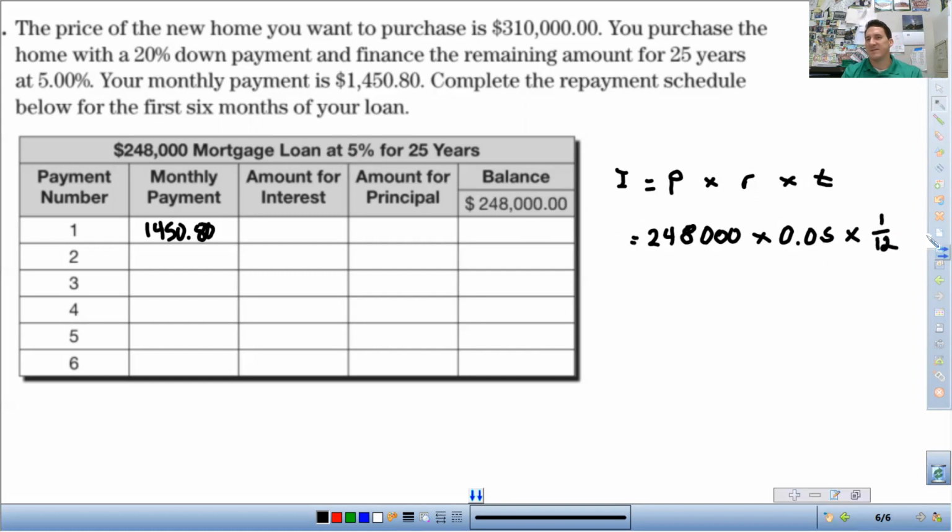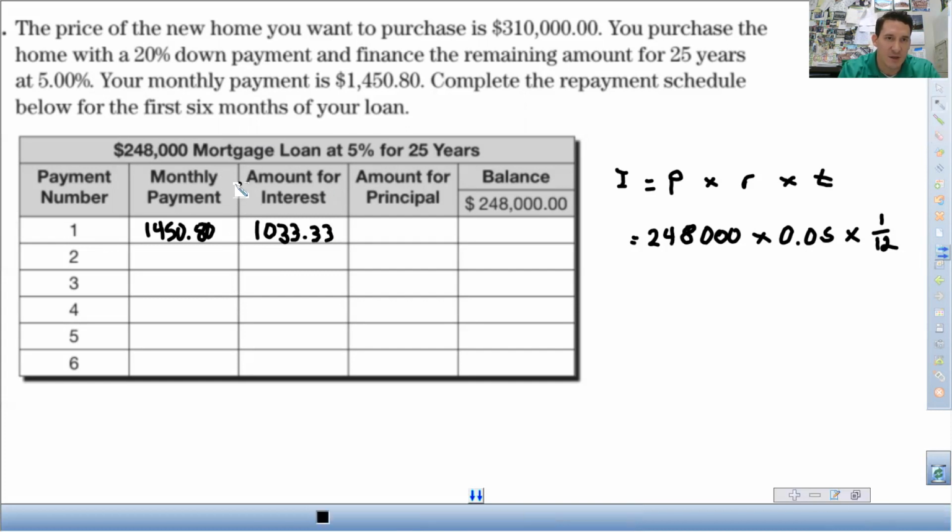You could always just divide by 12 at the end. So the amount of interest on a calculator: 248,000 times 0.05 times 1 divided by 12 comes out to 1,033.33.